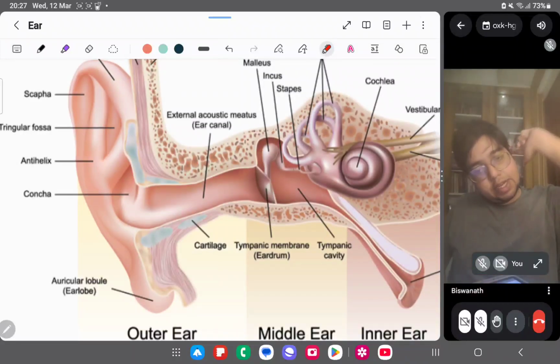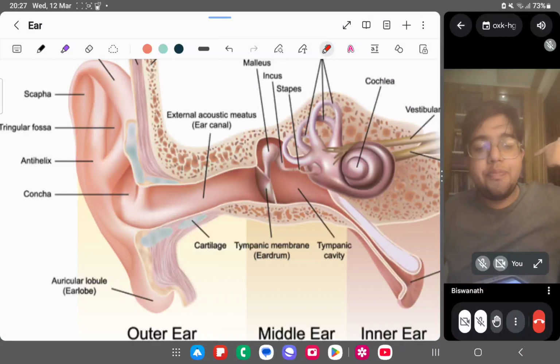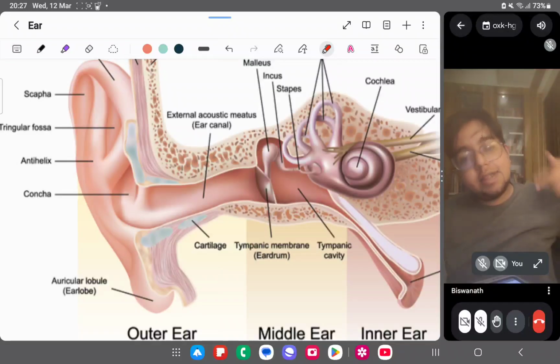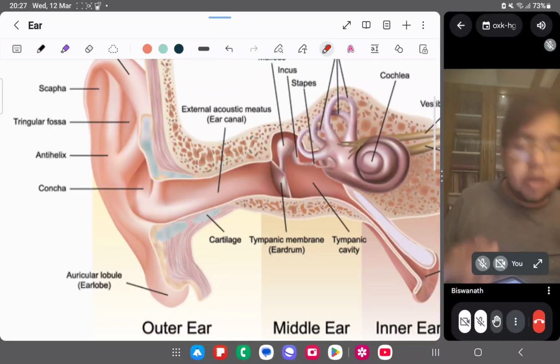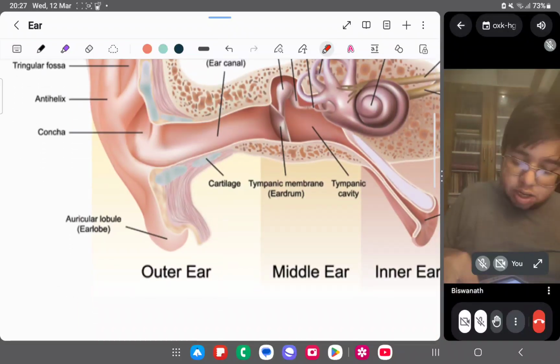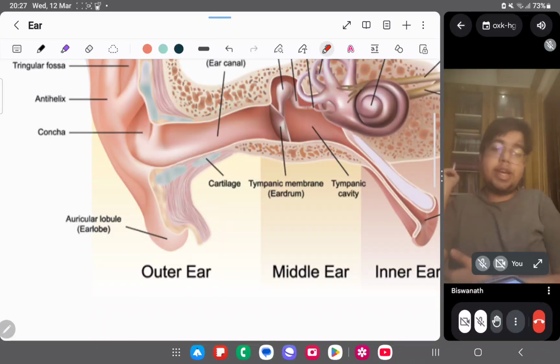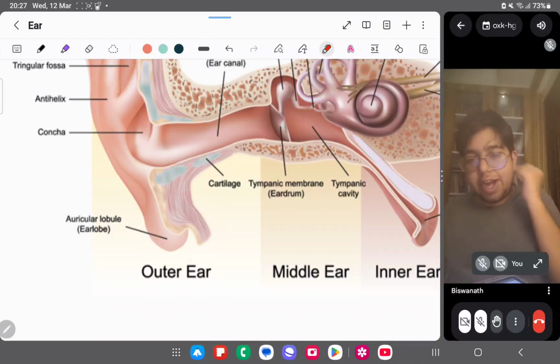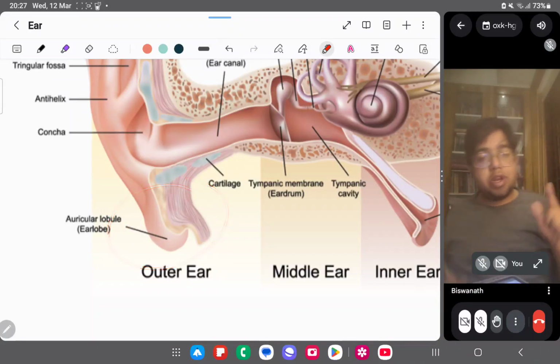The helix is going upwards, the anti-helix is going down. Not much important. The ear lobe is called the auricular lobule, a structure of fat.